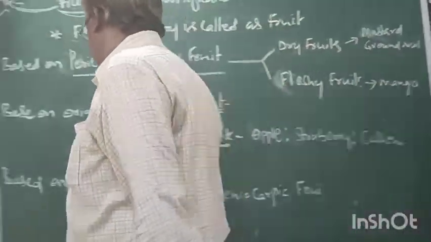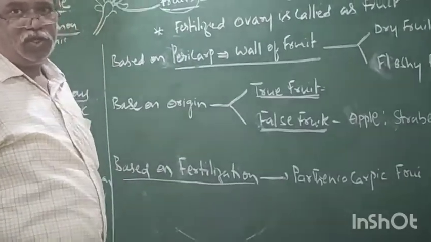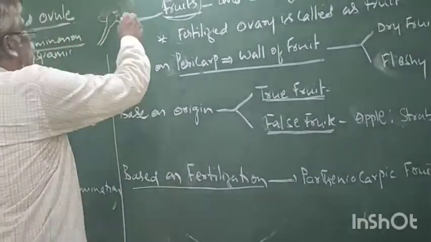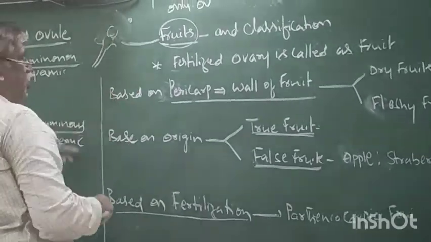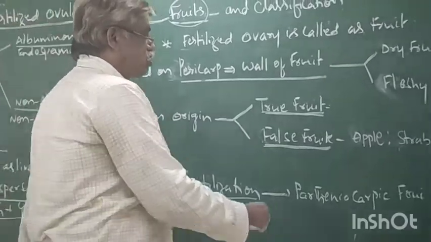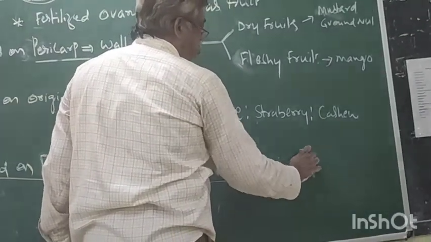Right. Now come to the classification based on fertilization. Sometimes the ovary becomes a fruit without fertilization. Such a fruit is called a parthenocarpic fruit, that is banana.